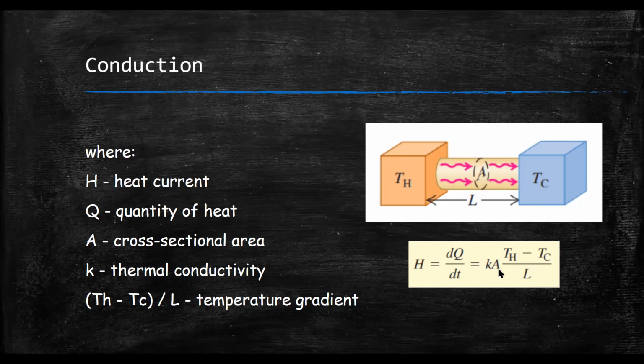A is the cross-sectional area of the conducting material, TH is the higher temperature, TC is the cooler temperature, and L is the length of the conductor. The ratio of the temperature difference and the length we call the temperature gradient.